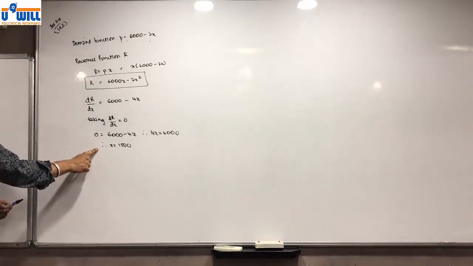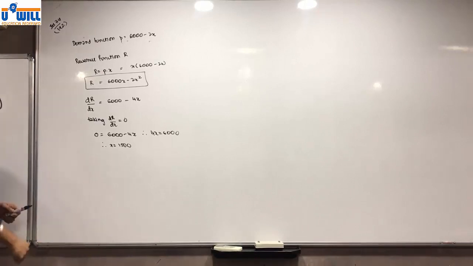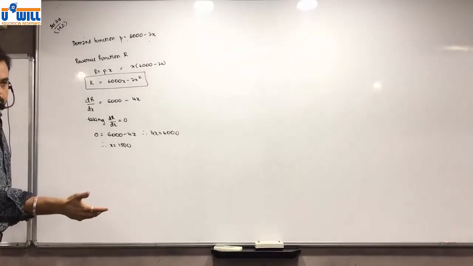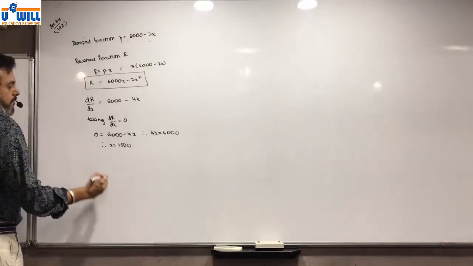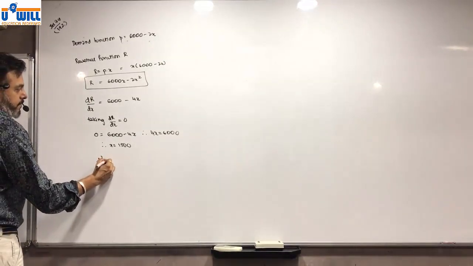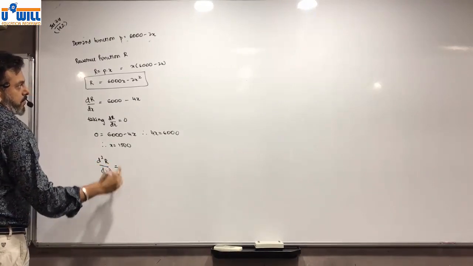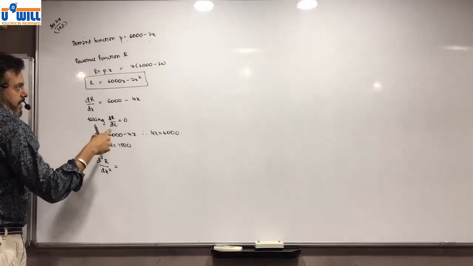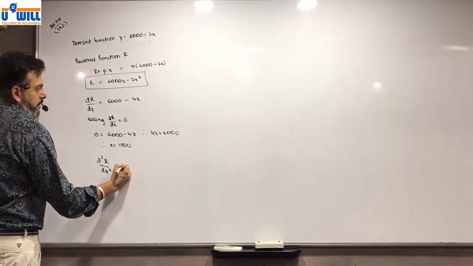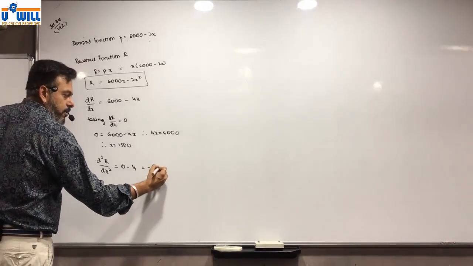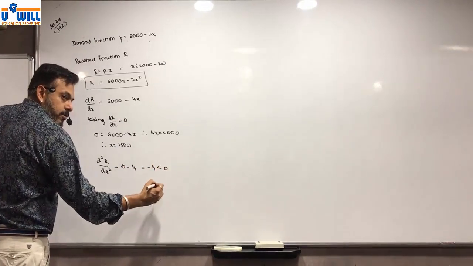Now we have to check whether we maximize or minimize. Revenue should always be maximum. Okay? So, the second order derivative of the revenue function is equal to 0 minus 4, which is equal to minus 4, less than 0.